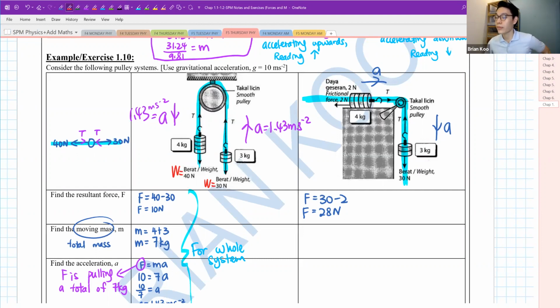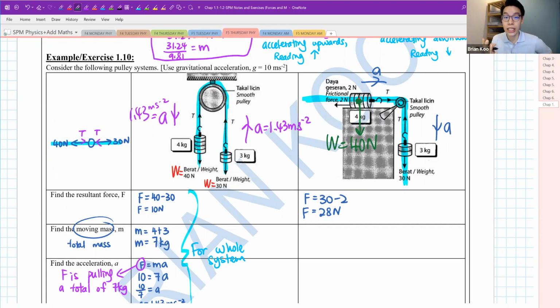The 4 kg doesn't affect the blue color movement because 4 kg, if you convert, it will be 40 Newton. This 40 Newton does not matter because it is not on the blue color path.